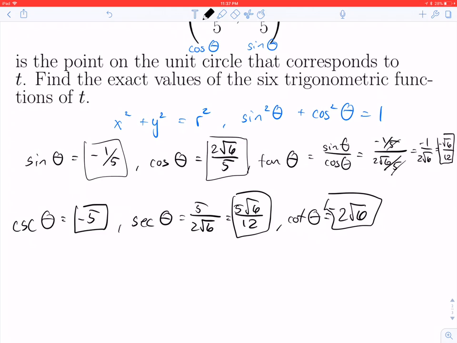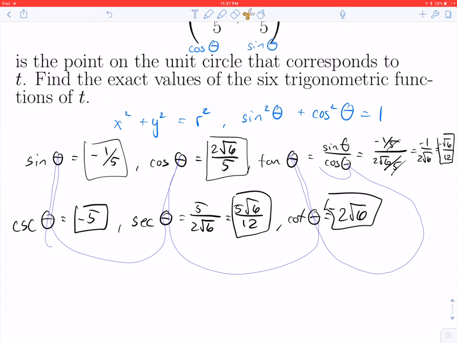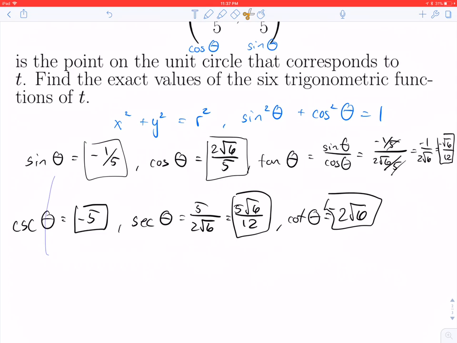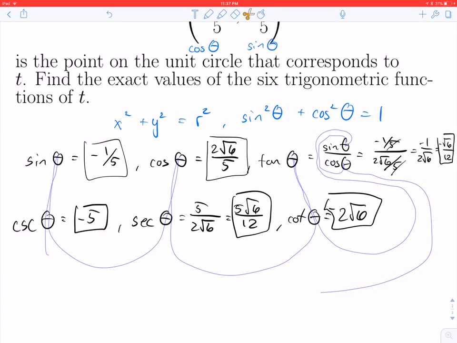The only change that we should probably make is to get rid of these thetas, and these, and those, and that one, and that one.